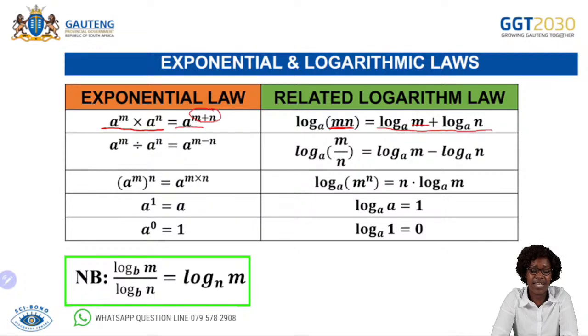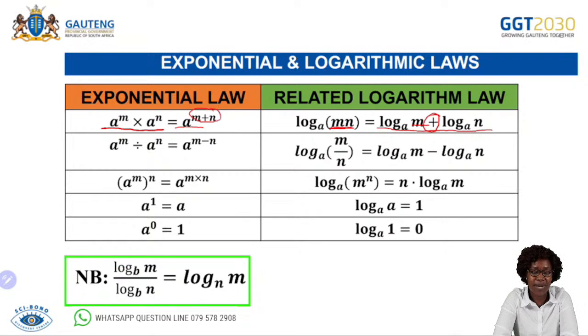The base remains the same, but instead of multiplying, I'm now going to change the multiplication to addition. Like you see, it is the inverse or the reverse of what was happening when we're working with exponents. When I'm multiplying terms with the same base, if it comes to logarithms, I do the opposite.